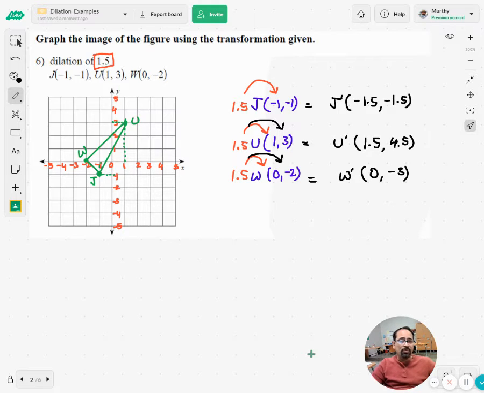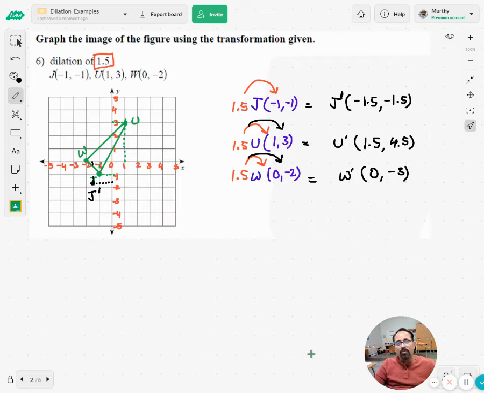Now you have to plot these points. So J prime is -1.5. I'm not sure, it is somewhere between -1 and -2. Likewise on the y-axis too. Therefore, approximately you'll get J prime here.